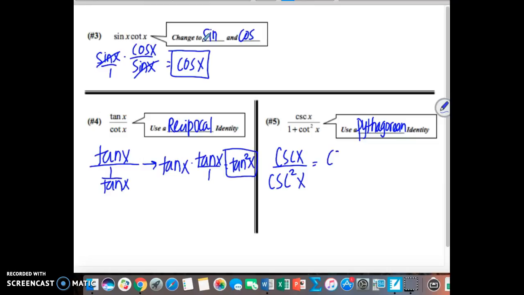So since we have cosecant squared of x in the denominator, we have cosecant of x times cosecant of x, and two of our cosecants of x will cancel out, and we are left with 1 over cosecant of x, which we can rewrite as sine of x. So sine of x would be the simplest form we can get.